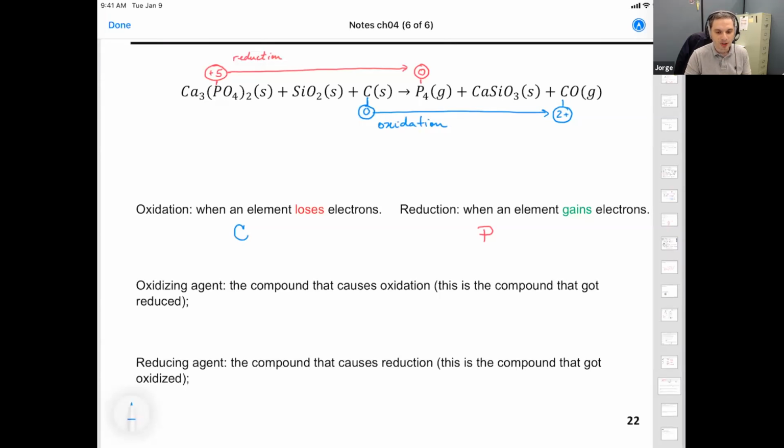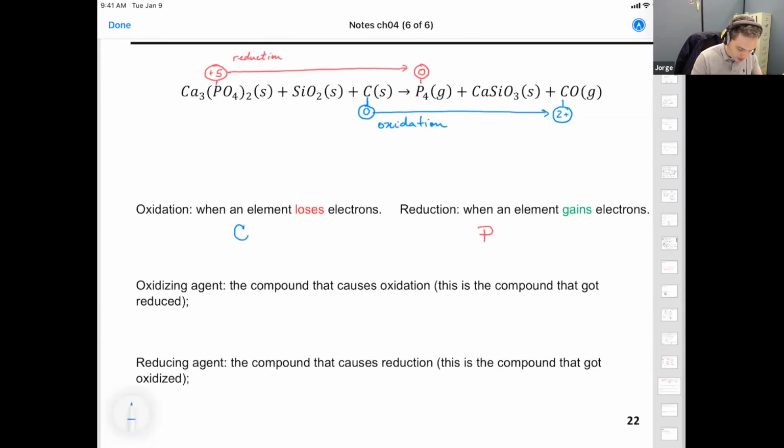And reducing agent is the compound that causes reduction. This is the compound that got oxidized. So oxidizing agent is the opposite of reduction, and reducing agent is basically the opposite of oxidation.